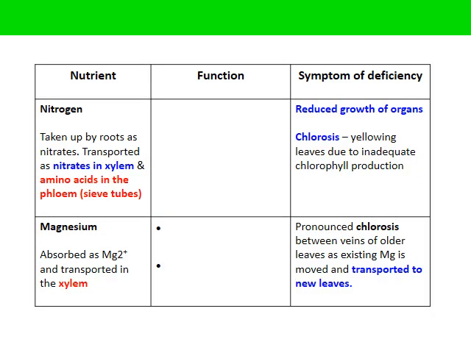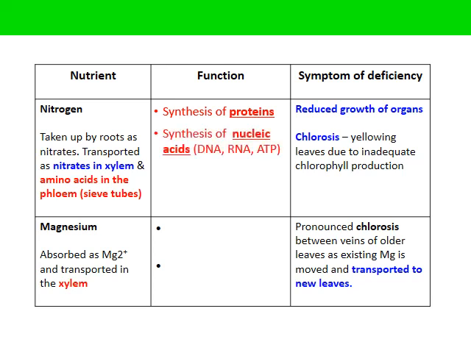So just to summarize what we've said, nitrogen is taken up as nitrate ions. It moves across the root cortex and ends up in the xylem, where it's dissolved in water, and it moves up the xylem to where it's required for growth: nucleic acids, proteins, chlorophyll.